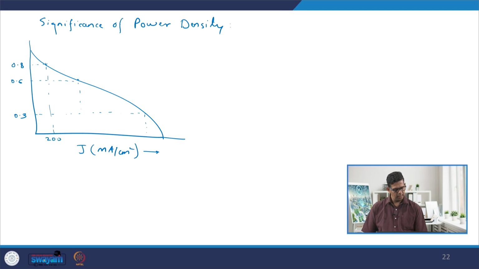Current density is here 200, here I have taken 600, and here, let us say, 1200. So, how does my power curve look?